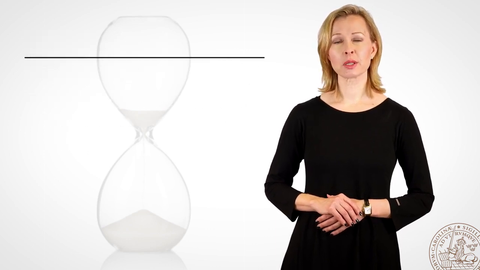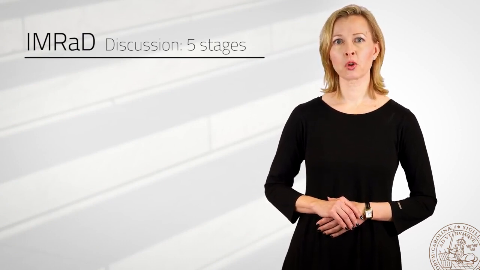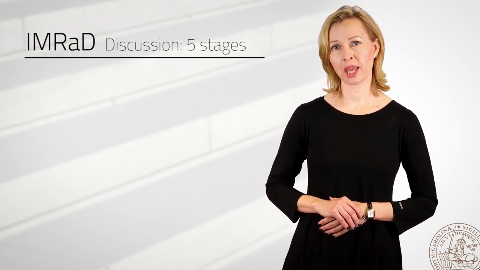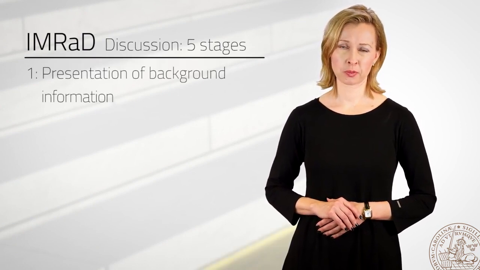Just as it's possible to determine certain set moves in the introduction, a pattern of moves can also be determined in the case of the discussion. John Swales and Christine Feak have mapped this out into the following 5 stages. The first move appears in some, but not all papers, and this is the presentation of background information.